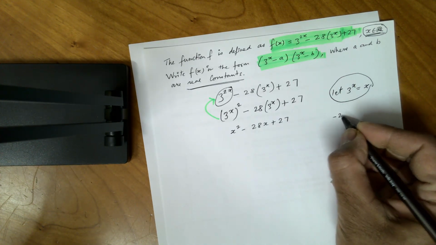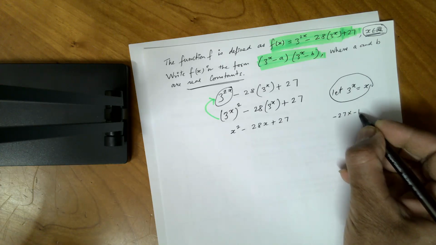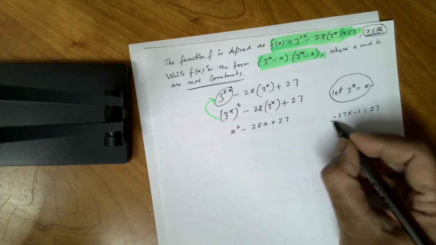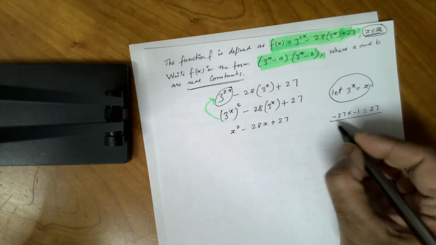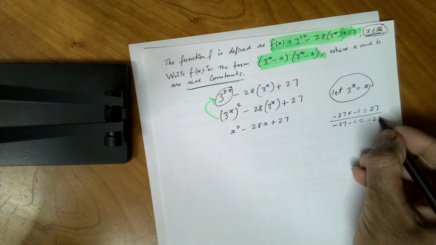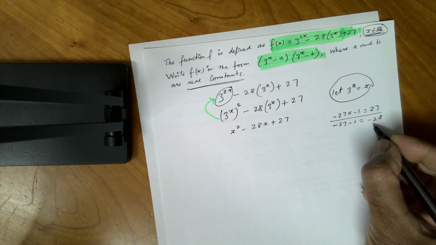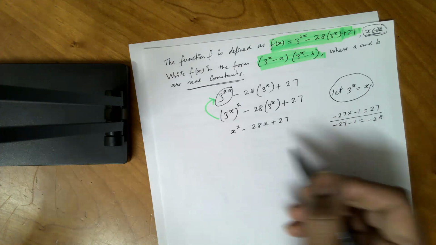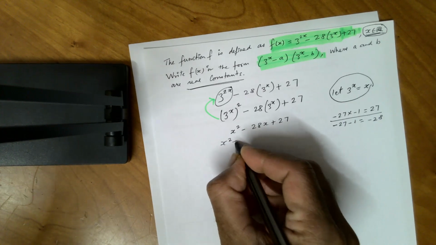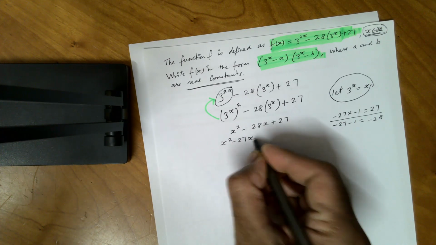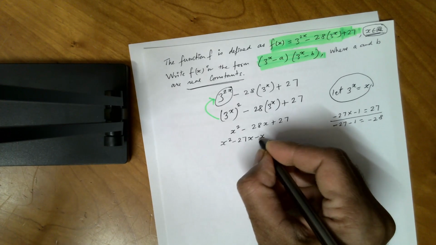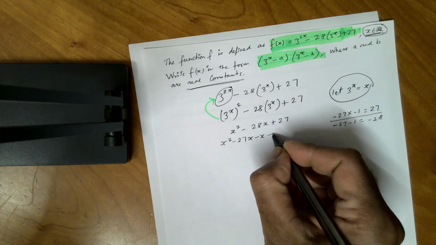In order to factorize, we need two numbers whose product is 27, and whose sum gives you minus 28. As you know, x can be written as 1x, so it's minus x and minus 27 split as minus 27x. Clear so far?